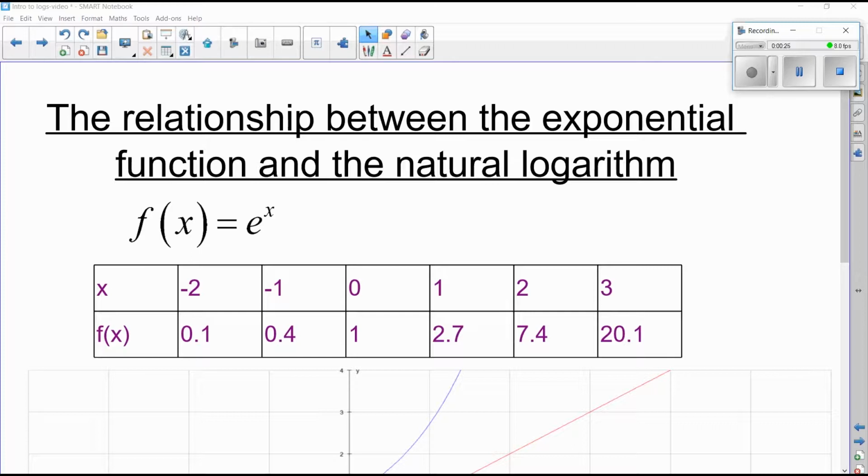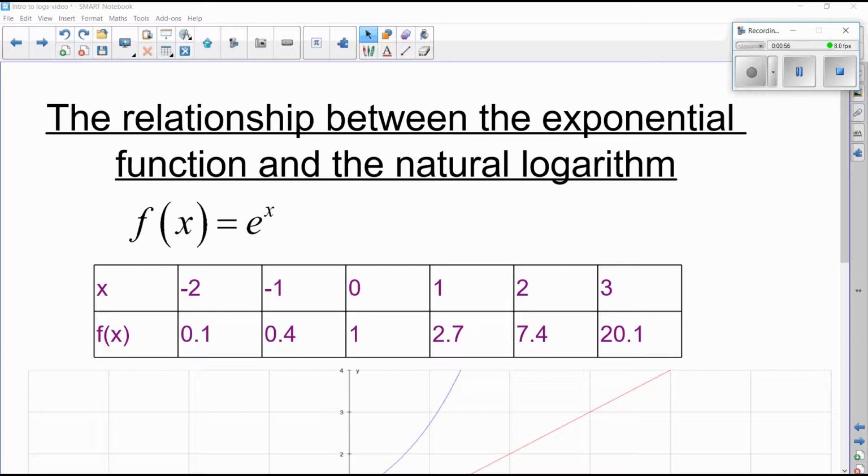I've chosen values between -2 and 3, and I've substituted these values into the function f of x equals e to the x. When we substitute x equals -2, we're working out what e to the -2 is, and you notice that we got the value 0,1353352, etc., because e is an irrational number.